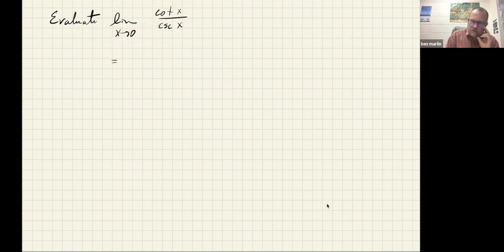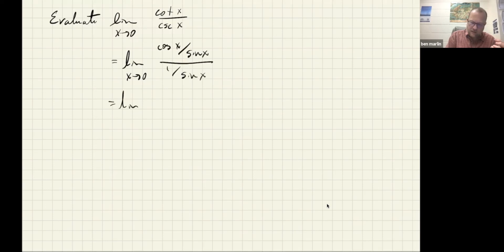However, after we've seen that we can't just plug in 0, then we're going to do something with trigonometry. Hopefully you remember that cotangent is really cosine divided by sine, and cosecant is 1 divided by sine.